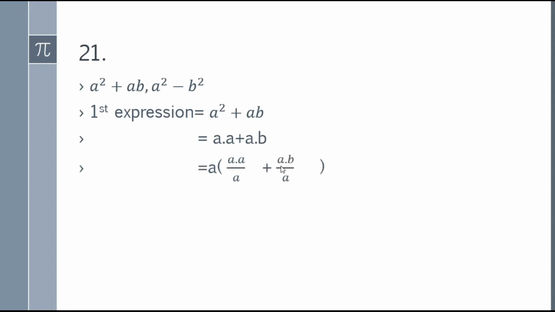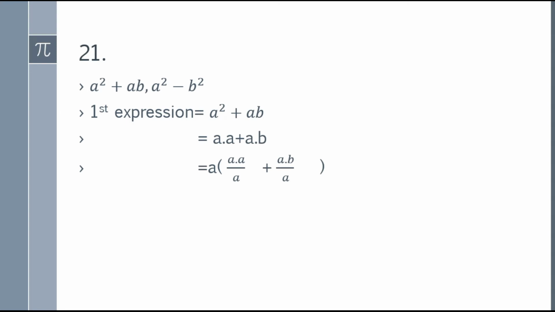So let's go to the next slide. A dot b dividing by a. So what can you do? A by a, so the a will be eliminated from denominator and numerator. Okay. So here also a and a, you can cancel out both of them. And what will be the remaining?